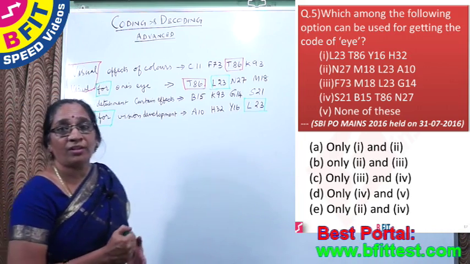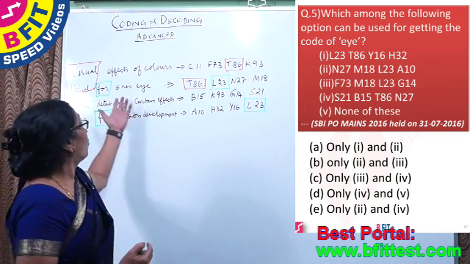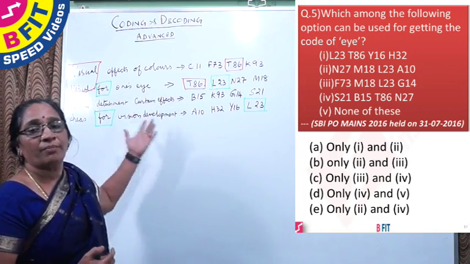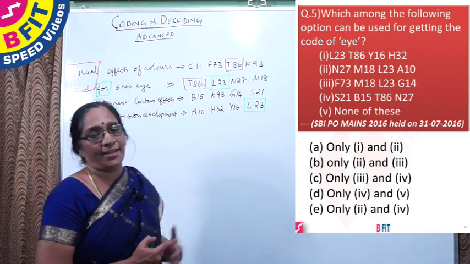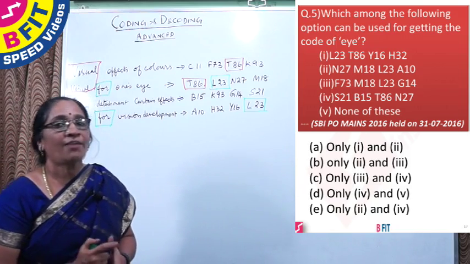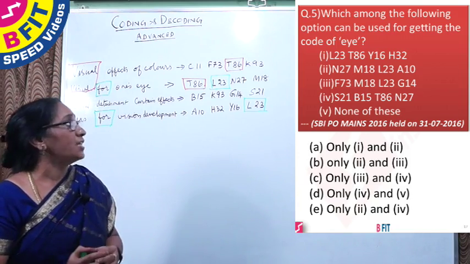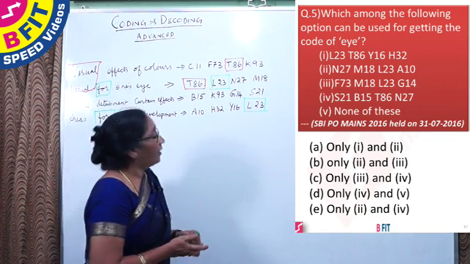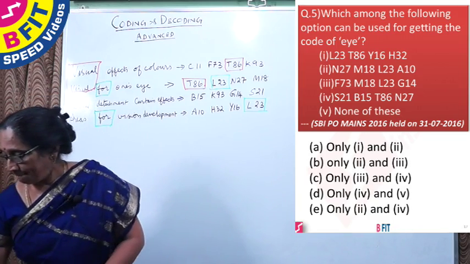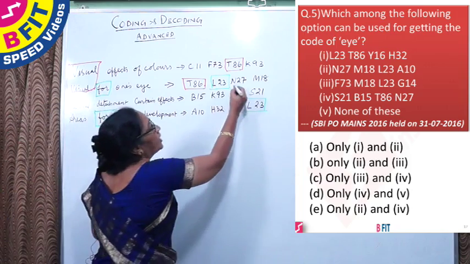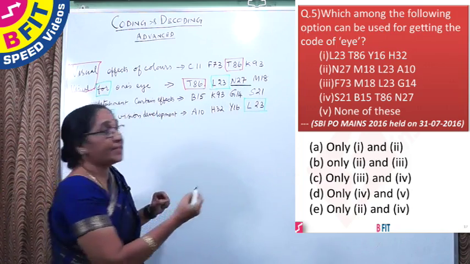We do not have the code separately for ones I because none of them are repeated anywhere else. We'll have to have the code for I to be either N27 or M18.